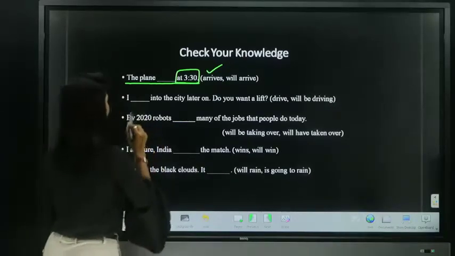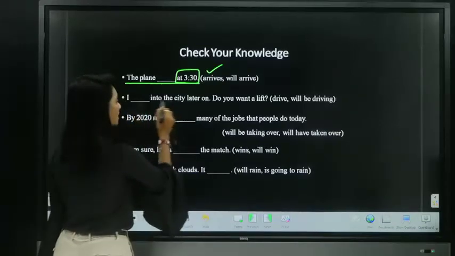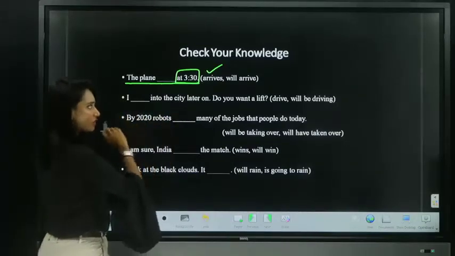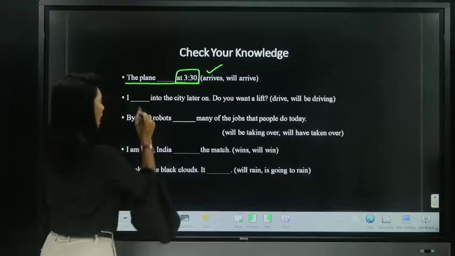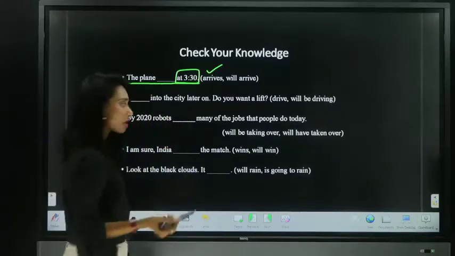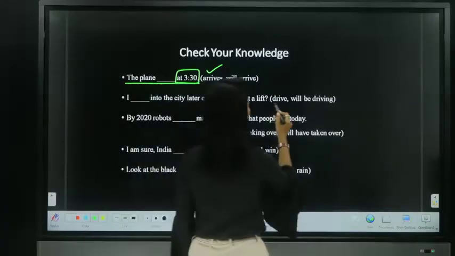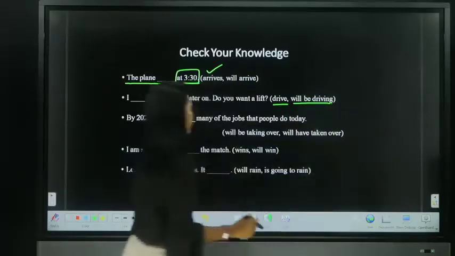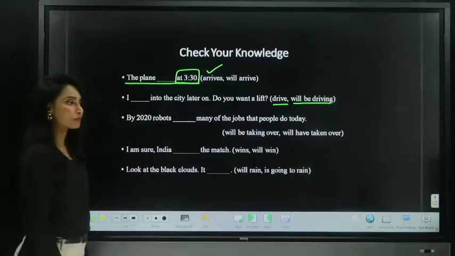Now look at this next one. I dash into the city later on. Do you want a lift? Drive, or will be driving.